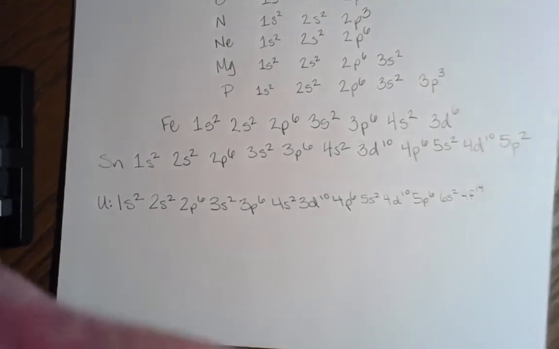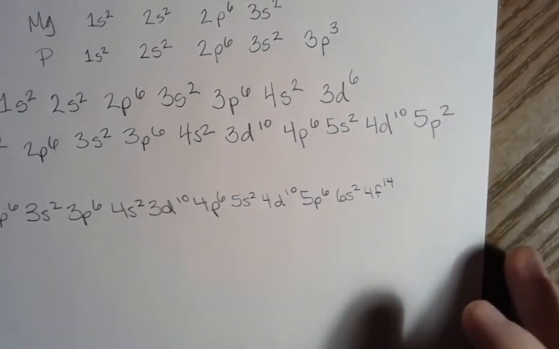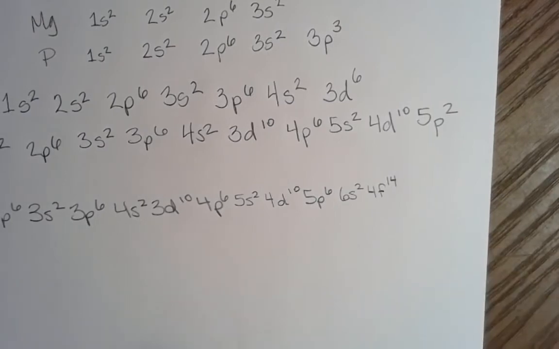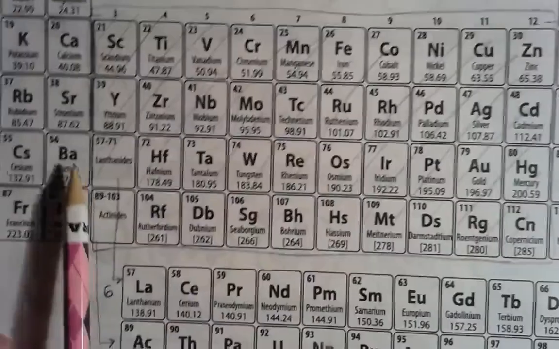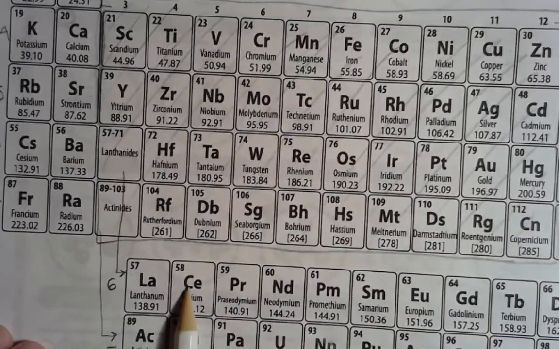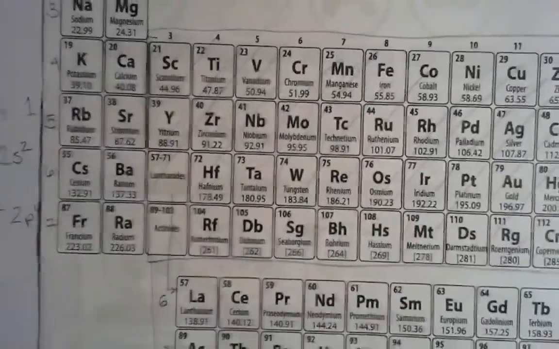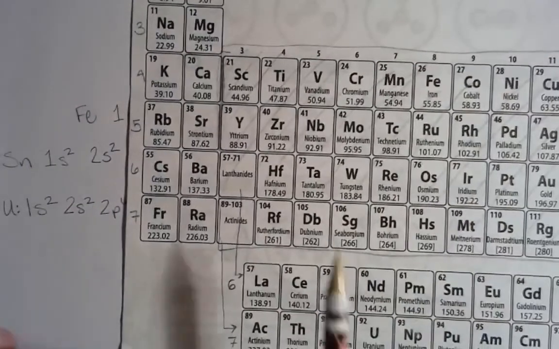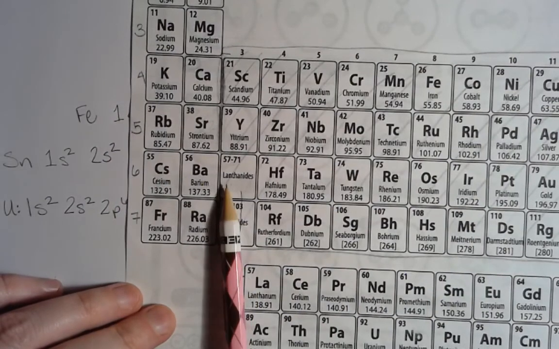I'm going to zoom in a little bit on this end stuff because this is where it gets messy. Okay, so 6s2, 4f. Now pull yourself back up to the main block. Now you're into the D's, your transition metals.